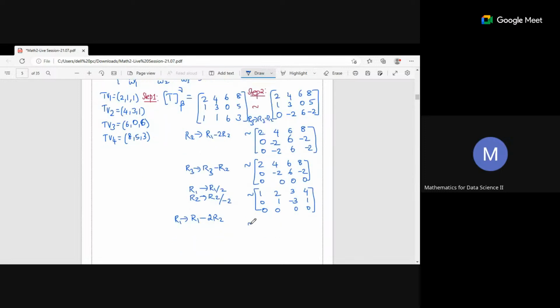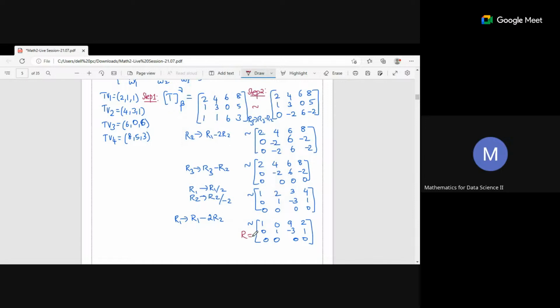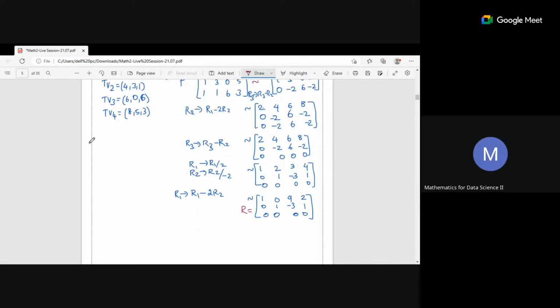What will be the answer? 1, 0, 9, and here 4 minus 2, 2. Is that fine? Okay. So we have found the reduced echelon form. This is your matrix R. Now the next thing you have to do is, what is your step 3?